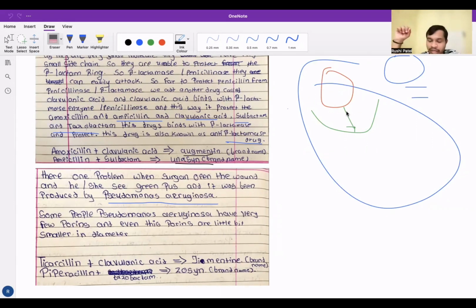Pseudomonas aeruginosa has a very small porin diameter. In natural penicillins and narrow spectrum, the molecule is moderately bulky, about 10. In very narrow spectrum, the size is about 15. In smart penicillin, the size goes to 4.